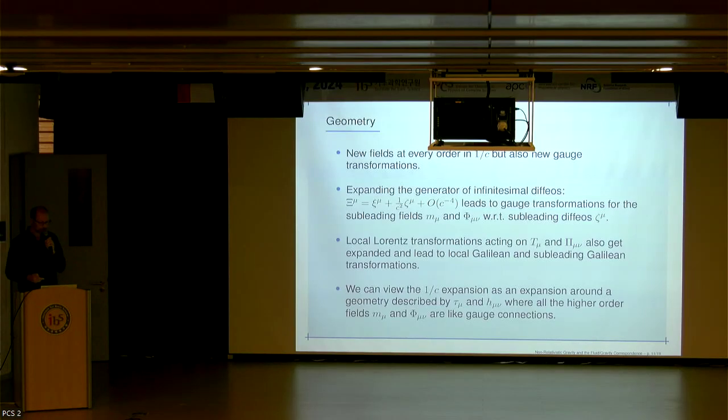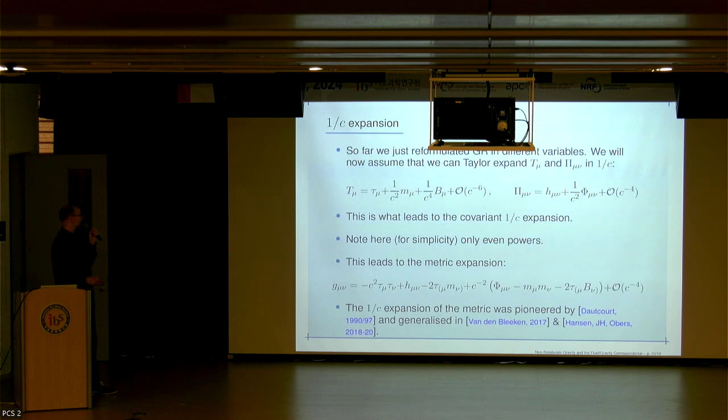Thank you. So I have a question. In this case, because you expand everything in 1 over c, when you do the diffeomorphism transformation, do you need to also truncate, or is it going to close? Right. So if you look at this expansion, for example, what you do is you act with a Lie derivative on this object, where the Lie derivative is with respect to capital psi, and then you expand that, and then you match that with transformations of the subleading fields.